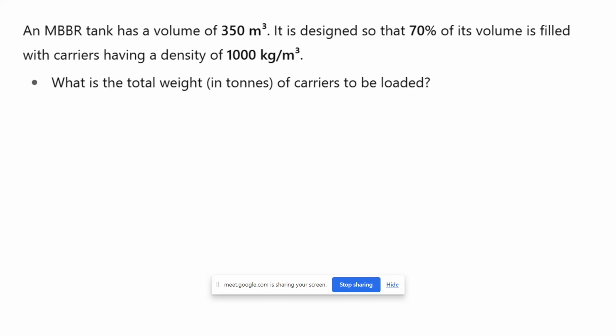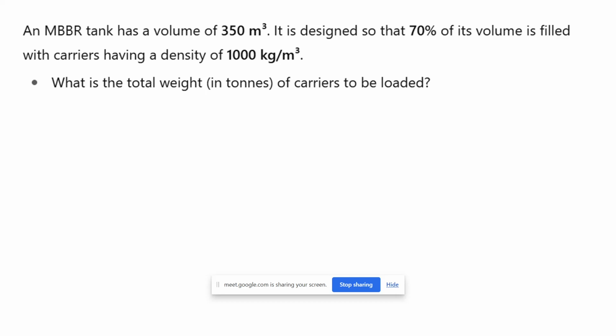The next question is similar to this. I will give some time, I will also solve, then we can discuss the answer. 245 tons, ma'am. I haven't solved it, let me just solve.